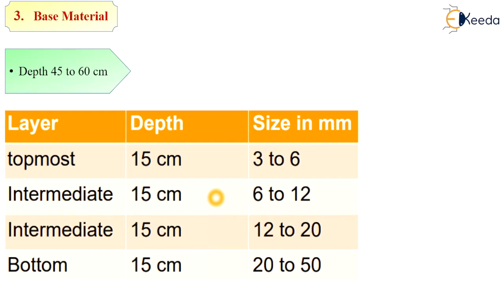At the topmost layer very fine sand particles are placed, that is 3 to 6 mm in size. The second layer is an intermediate layer of sand, with particle size 6 to 12 mm. The third and fourth layers are of gravel. The second last layer has gravel size 12 to 20 mm. And the last, bottommost layer of gravel has size 20 to 50 mm.